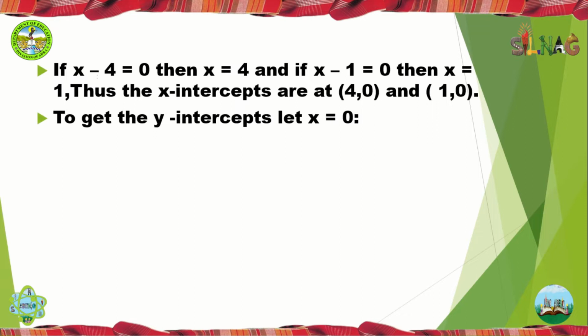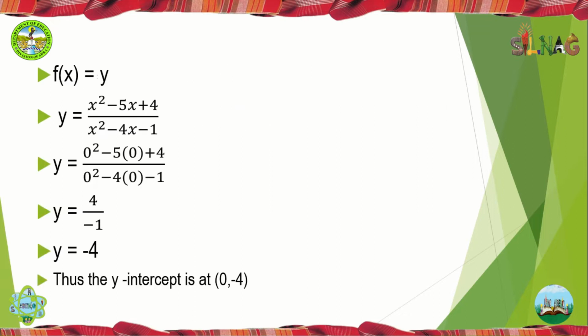To get the y-intercepts, we let x equal to 0. So we have f of x is equal to y, then y is equal to x squared minus 5x plus 4 over x squared minus 4x minus 1 as the given. Then we substitute 0 for x. So we have y is equal to 0 squared minus 5 times 0 plus 4 over 0 squared minus 4 times 0 minus 1.